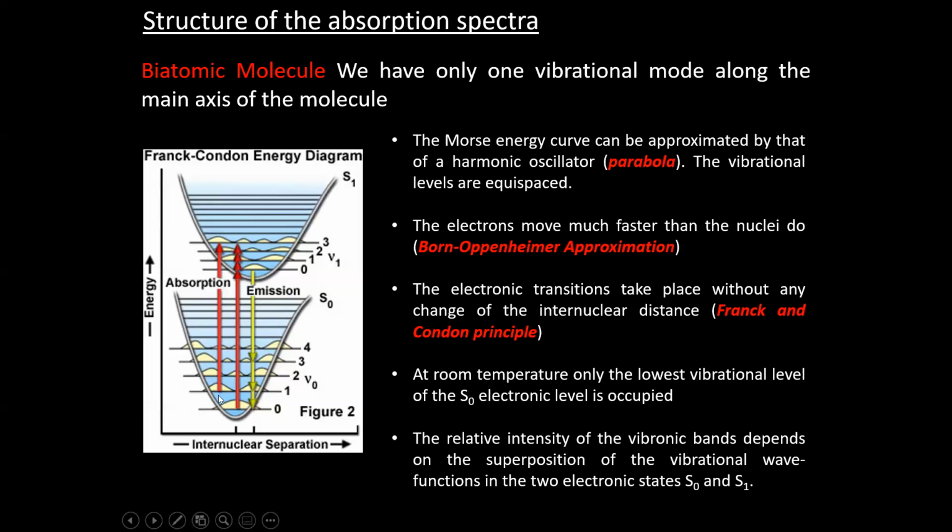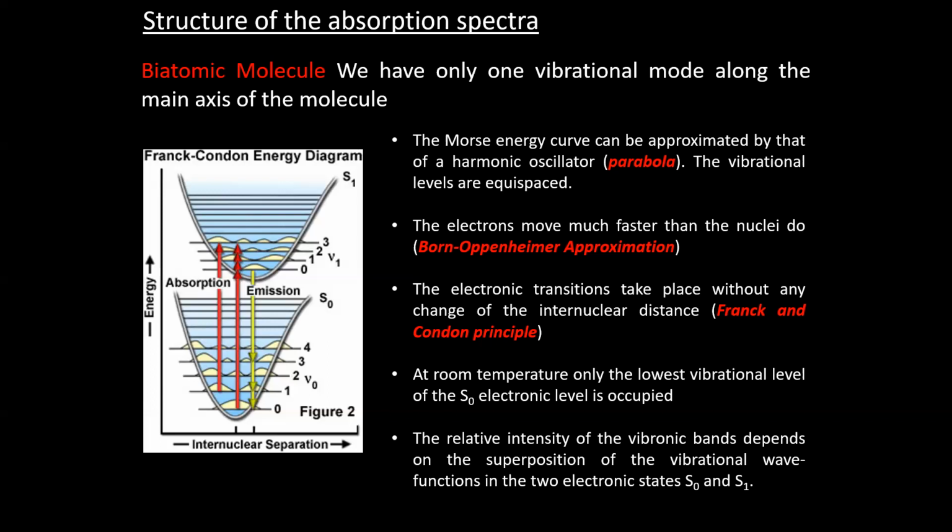What does it mean? It means that when you have a molecule that absorbs light and makes a transition from one electronic level to another electronic level, the molecule changes the wave function for the electrons. So the electrons in the ground state are described by a certain cloud, okay?